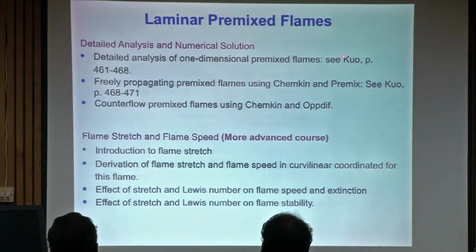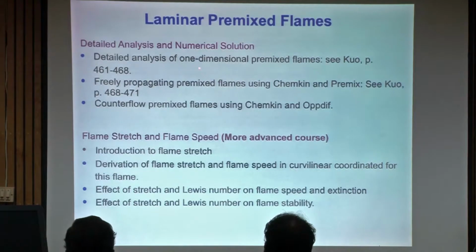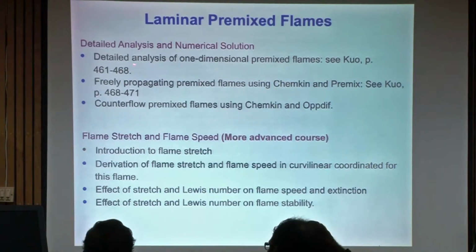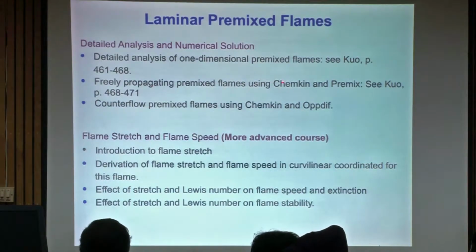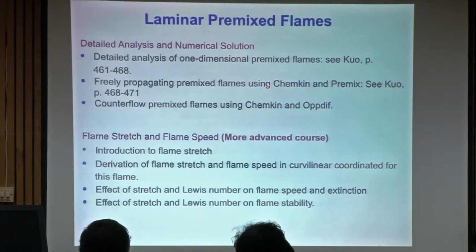To do more detailed analysis, we have to depend on the numerical methods. And there is actually more detailed analysis without the numerical also. So I have given you some references here. You can look at this. One-dimensional premix flame in Coe's book. And then they're also using Chemkin.